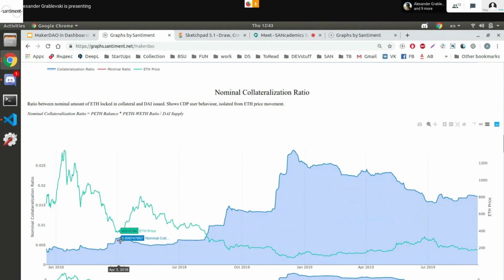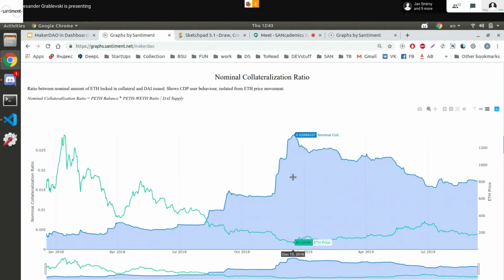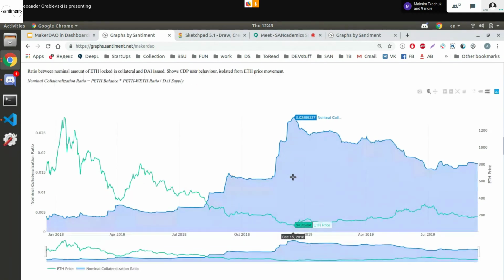So we don't care much about the number itself on this graph, but we do care about the trend. And the trend through time is that the nominal collateralization ratio is increasing. That again means DAI becomes safer, because more ETH is locked to back DAI. So that's it.